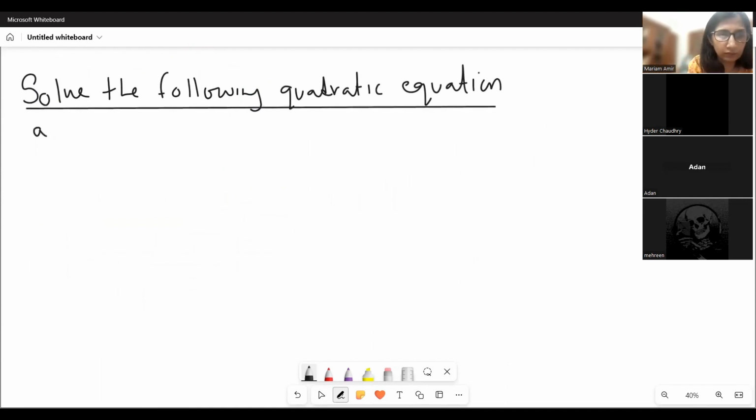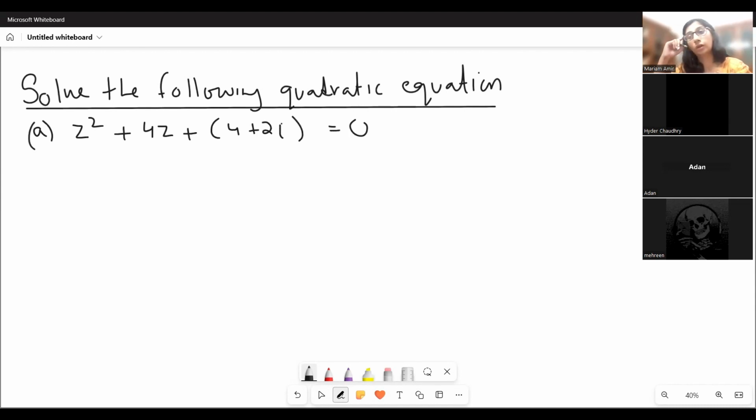Part A is b square plus 4c plus 4 plus 2 iota equals 0. So now the c is a complex value.